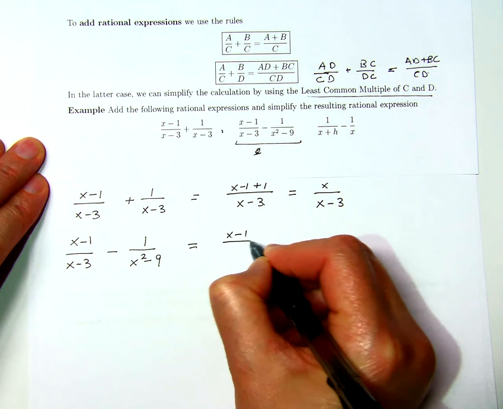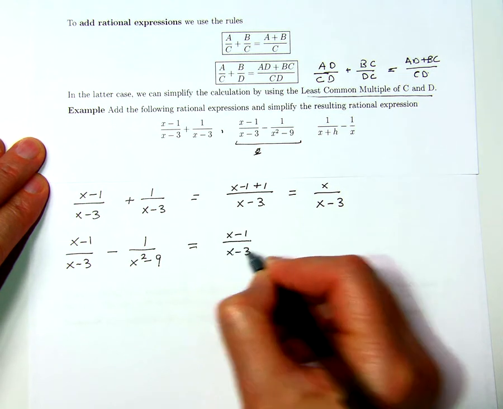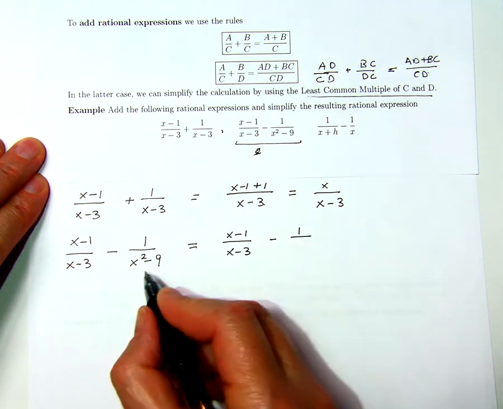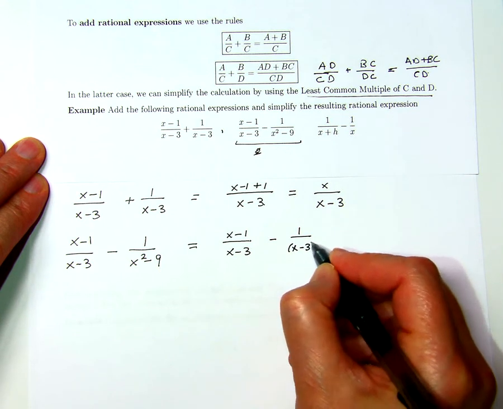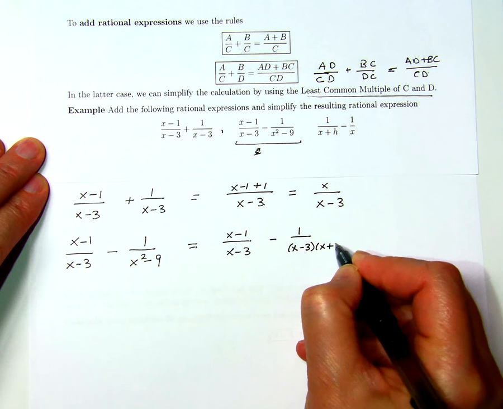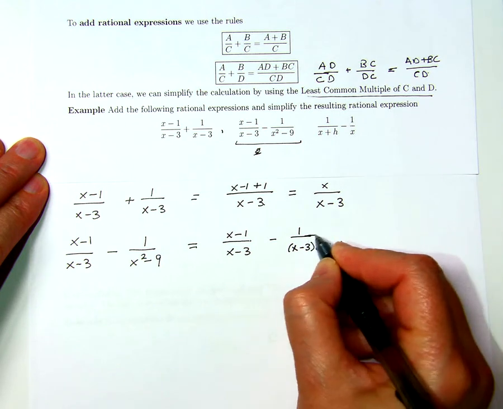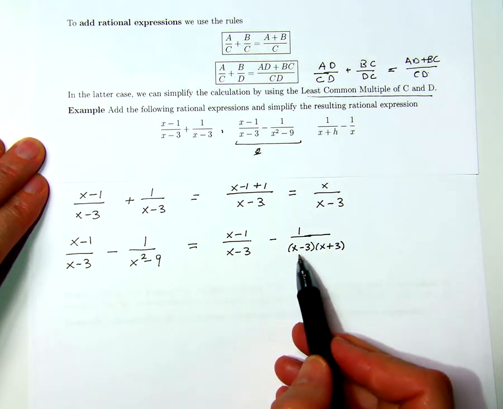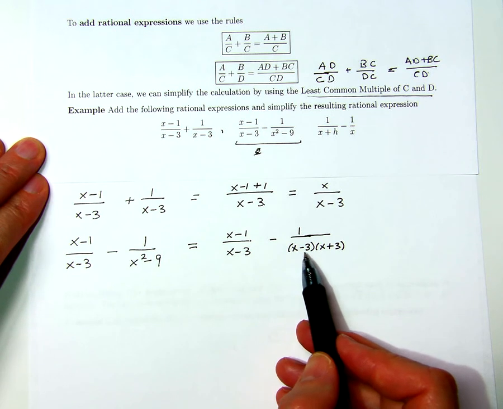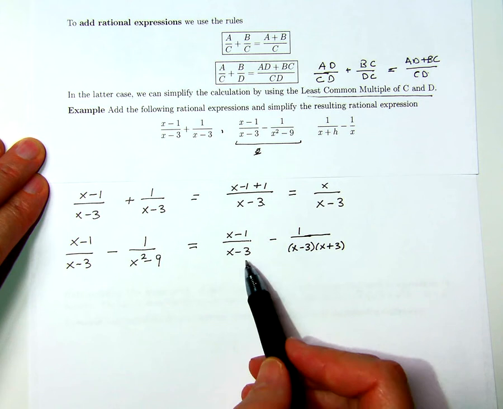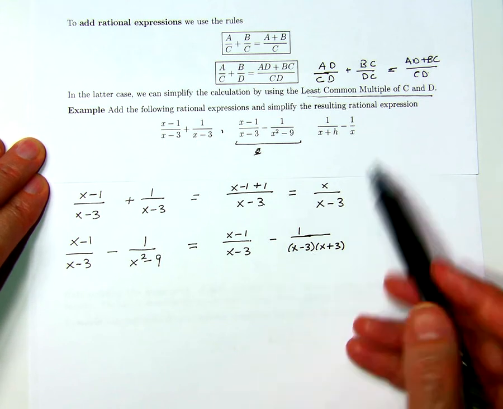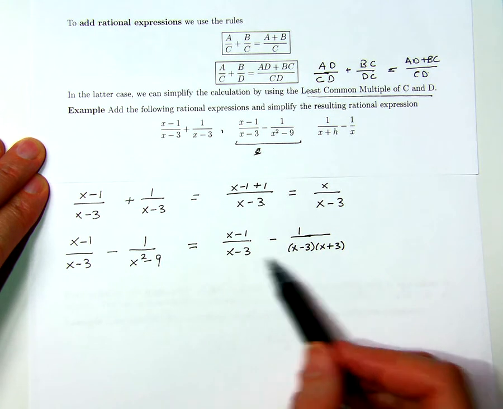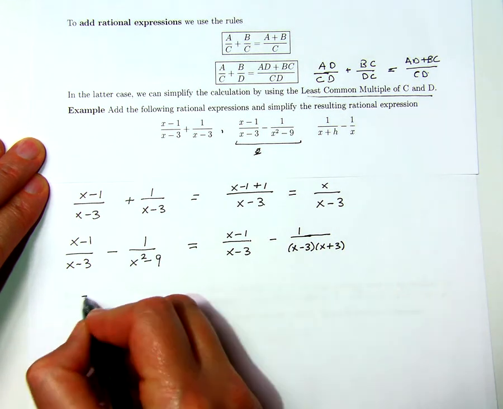So here we have x minus 1 over x minus 3 minus 1 over, this is an a squared minus b squared, so it's x minus 3 by x plus 3. And now I can either multiply these, but I see that x minus 3 actually divides this, so that is a least common multiple of these two denominators.